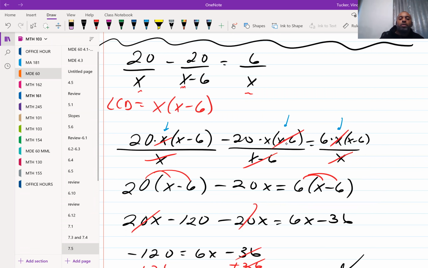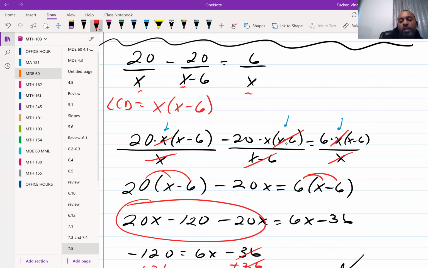All right, distribute the 20 and distribute the 6. That'll be 20x minus 120 minus 20x equals 6x minus 36. Now on this left side of the equation, we have like terms of x, 20x minus 20x.